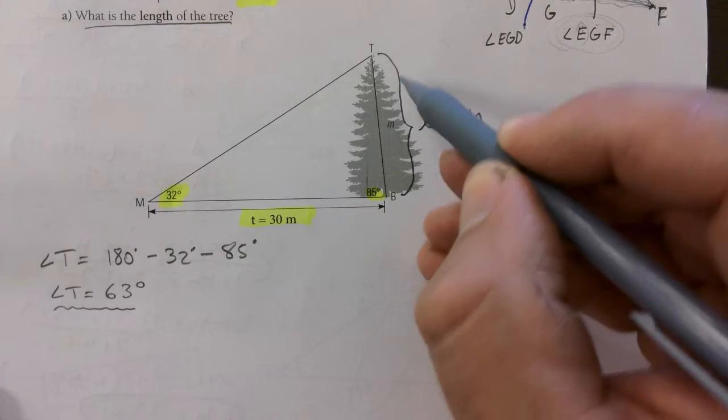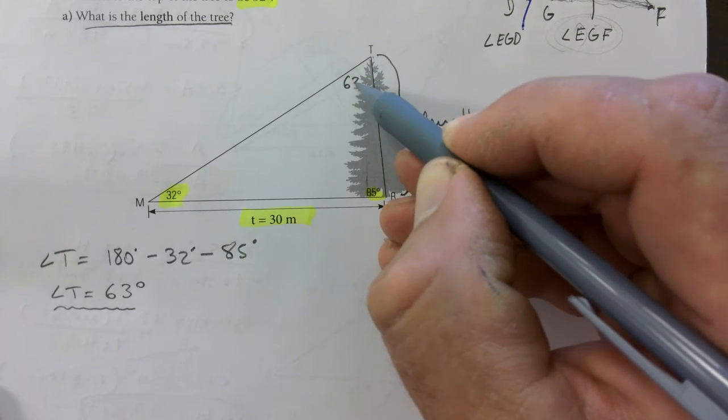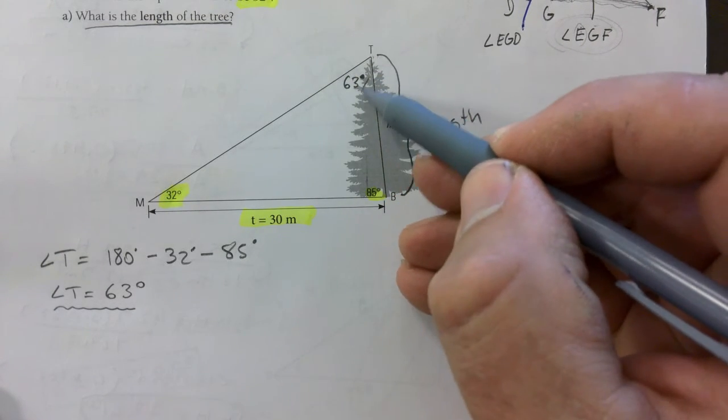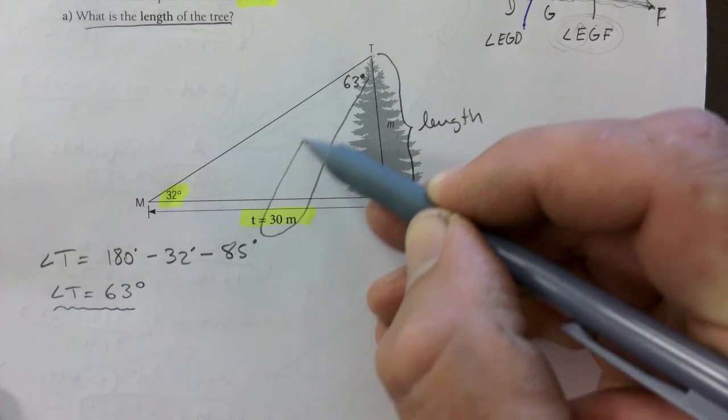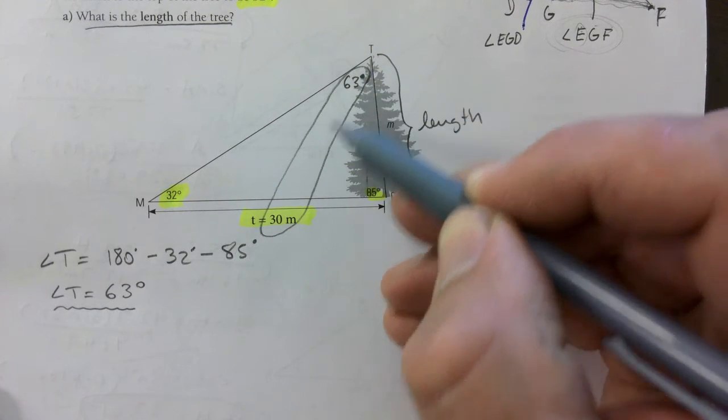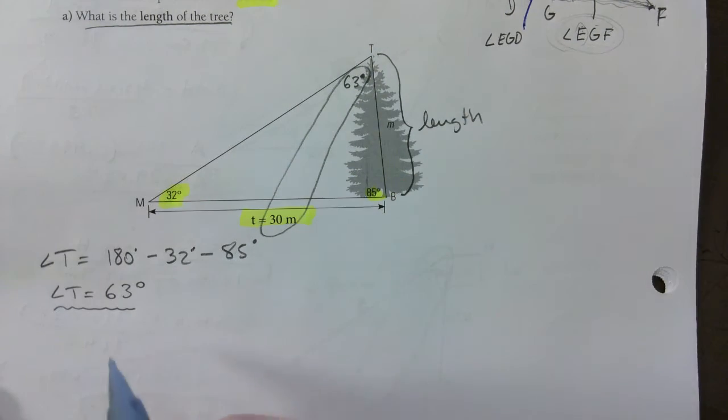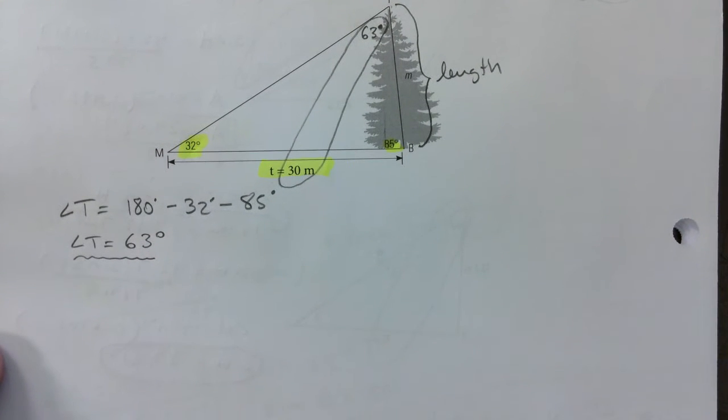Transfer that into the triangle here, and then you can circle it like that. Now you have an angle and the side across from it.